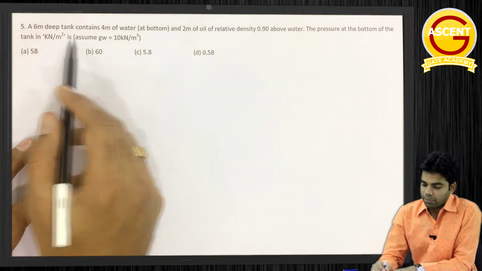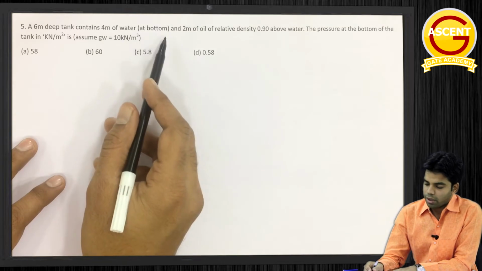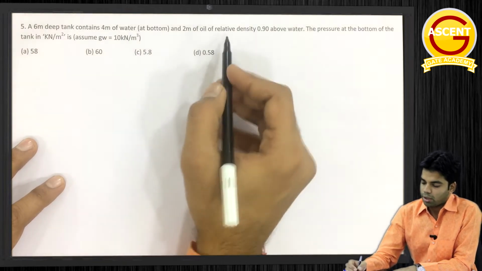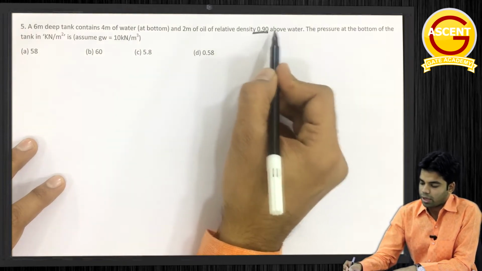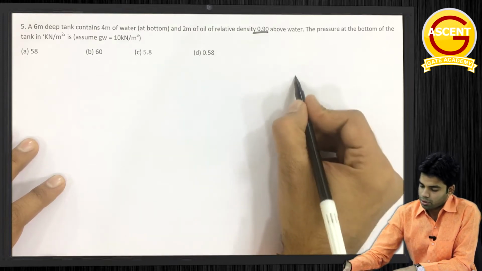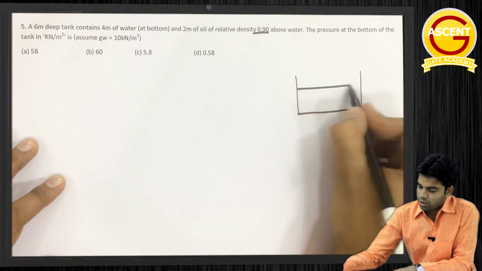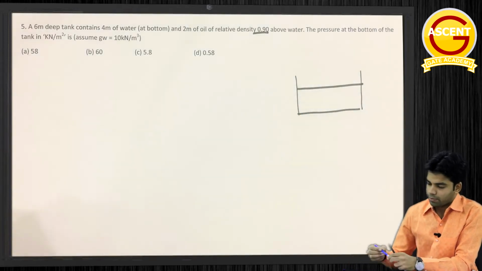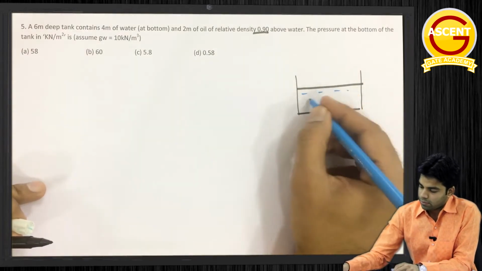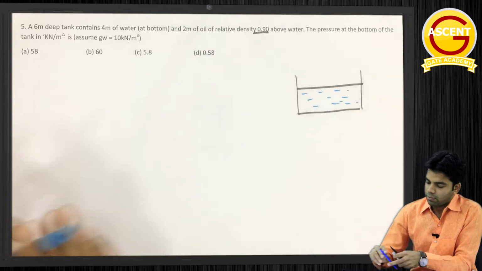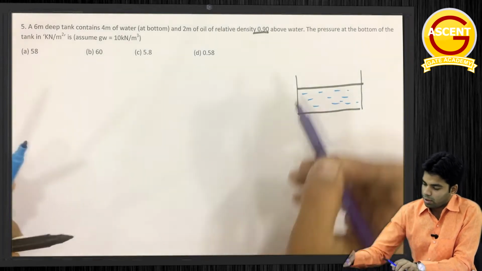A 6 meter deep tank contains 4 meter water at bottom and 2 meter oil of relative density 0.9 above water. Okay, so we have got a 6 meter deep tank, and out of which 4 meter is water and 2 meter above is oil.